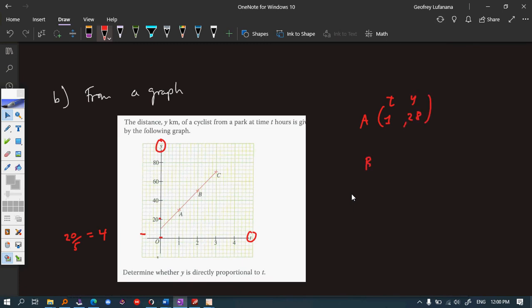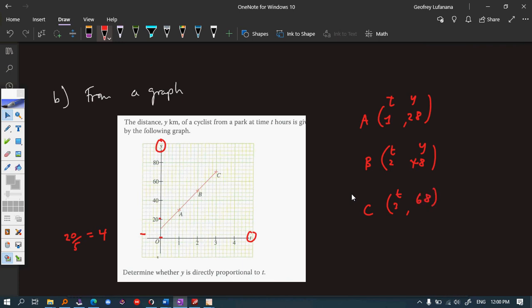Then if I go to my point B, my t is 2, whereas my y is 40, 44, 48. And then my point C, my t is 3, whereas my y is 60, 64, 68.